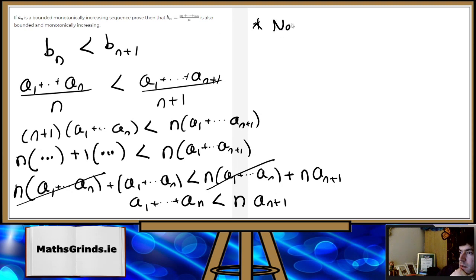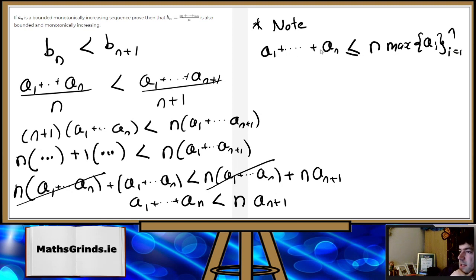we should note that a1 dot dot dot all the way up to an will be less than or equal to n times whatever is the maximum element. I mean, that seems fairly obvious.